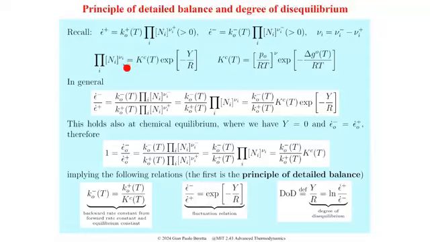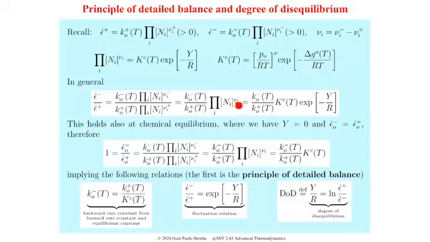So let's now compute the ratio between the backward and the forward reaction rates. So we substitute from up there. We notice that this product on the numerator and the denominator, since the argument of the exponent are the same, you can also write it as n_i to the nu minus minus nu plus.